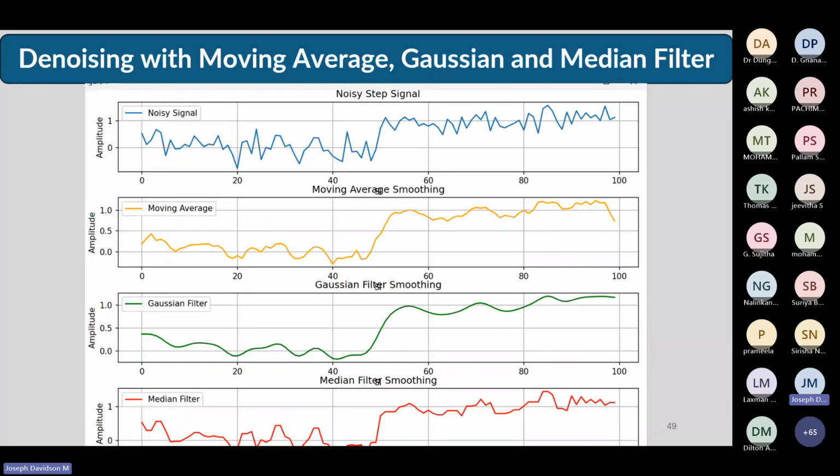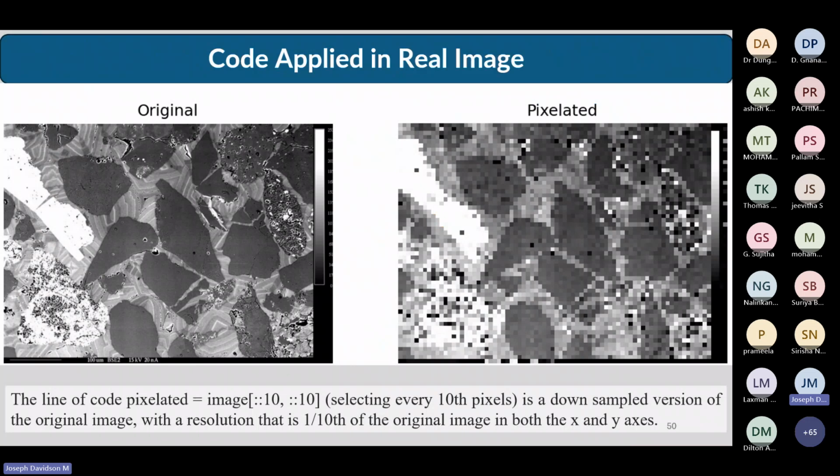So this is the original signal, then smoothened by moving average, Gaussian, and median filter. Whatever we have studied on a single small line signal, let us try to replicate on an original big image. On the left hand side is the original image. As you will appreciate, there are a lot of unwanted salt and pepper type errors inside.